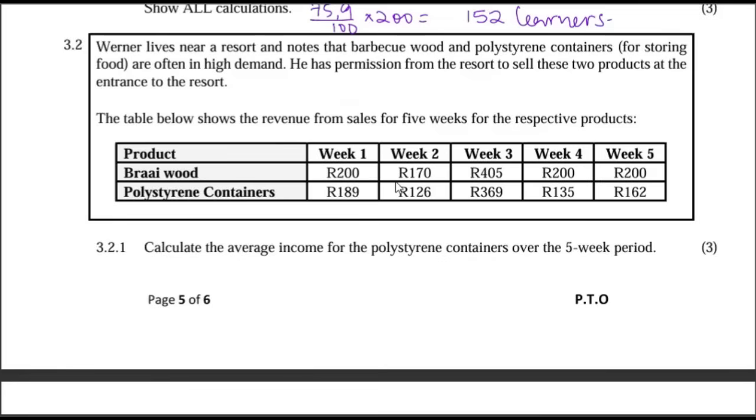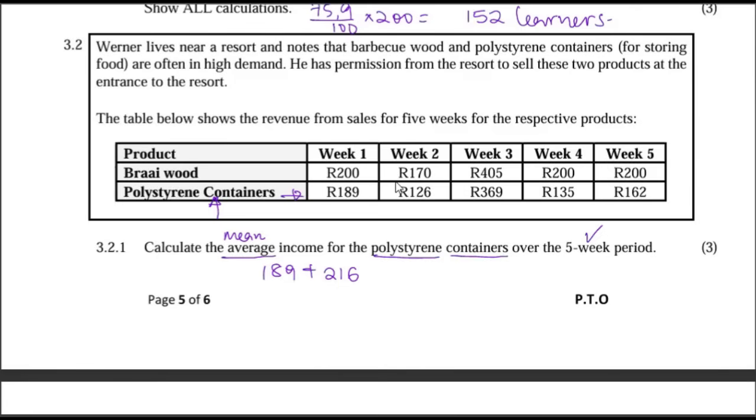Okay, calculate the average. Please, the moment you hear average, we need what we call the mean. Mean income for the polystyrene containers. Okay, 5 for the 5 weeks. So meaning we're going to say 189 plus, I'm using only the ones below, these ones only.